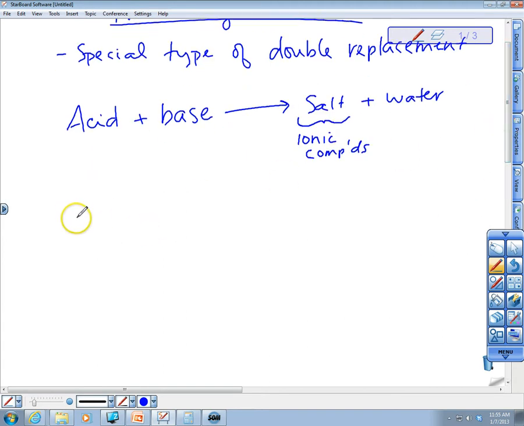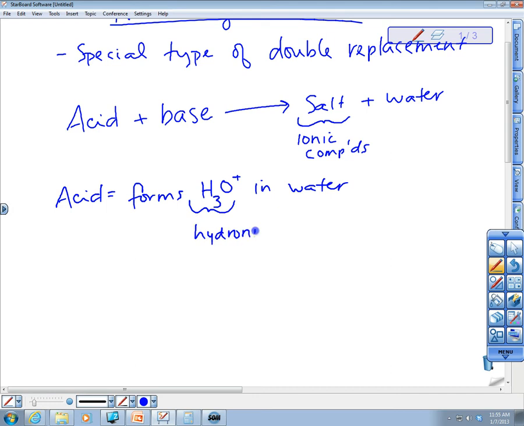So what is an acid? An acid forms hydronium ions in water. This ion right here is called hydronium, and it's formed when you have something like hydrochloric acid, for example.